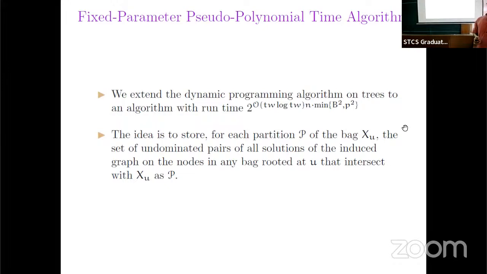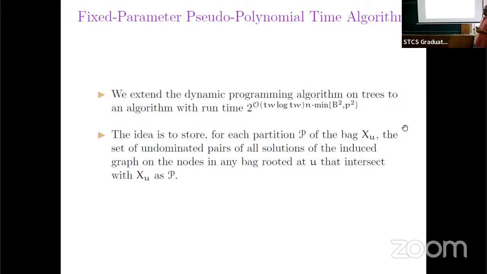The state is just whether a vertex is in the solution or not. That's true, but somehow you need to ensure that you know which parts are already connected and which need to be connected on top, which is the connected component. So I basically need to guess all the connected components of the bag. That's how this runtime is coming.